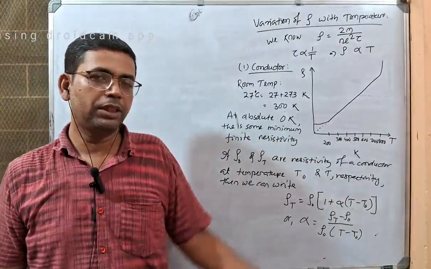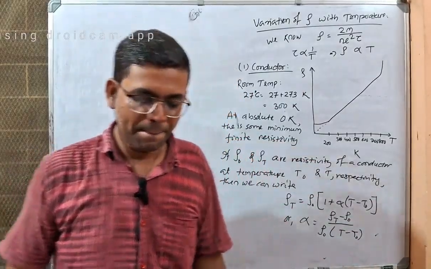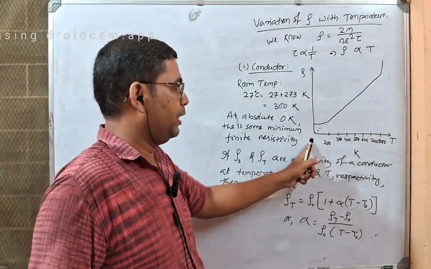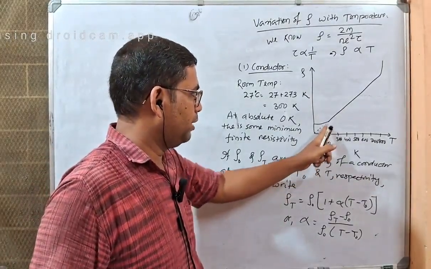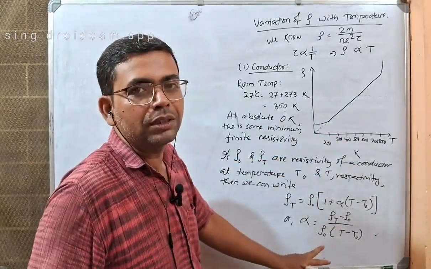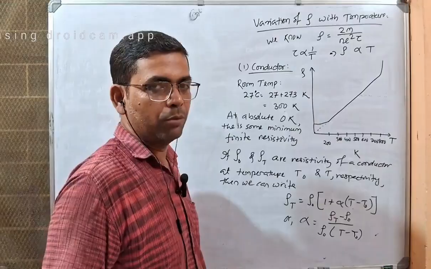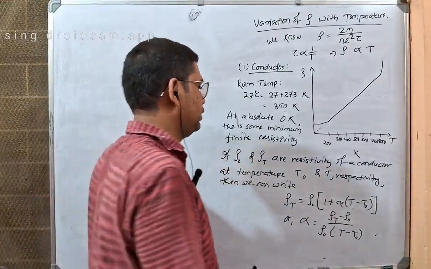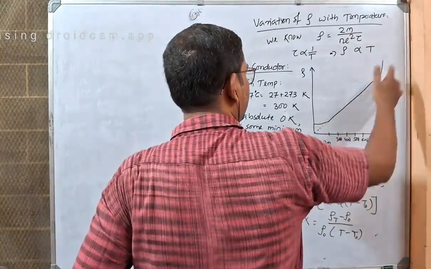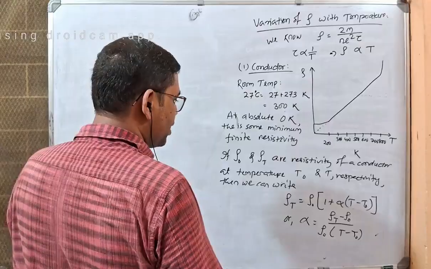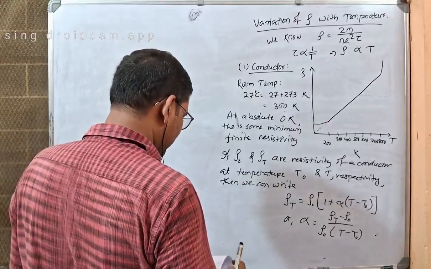We define some temperature, 0 degree centigrade, not 0 degree Kelvin. We cannot come to that; if we come below this temperature, then this relation will not hold anymore. This is the property where it shows a straight line behavior. So alpha is known as the coefficient of resistivity.